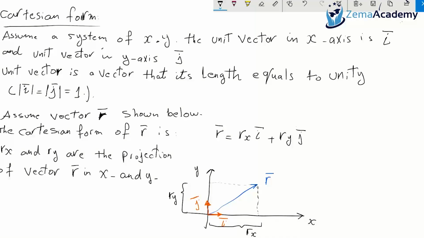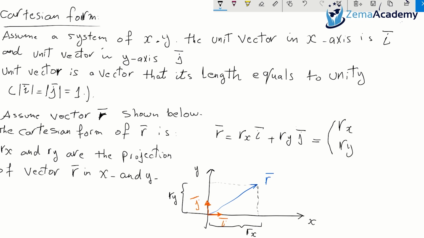Now, some textbooks write R as Rx i plus Ry j. Some textbooks write it in a column vector notation, where they put Rx and Ry in a column.